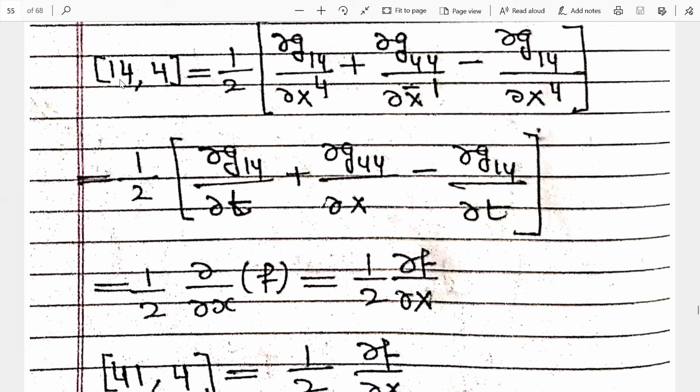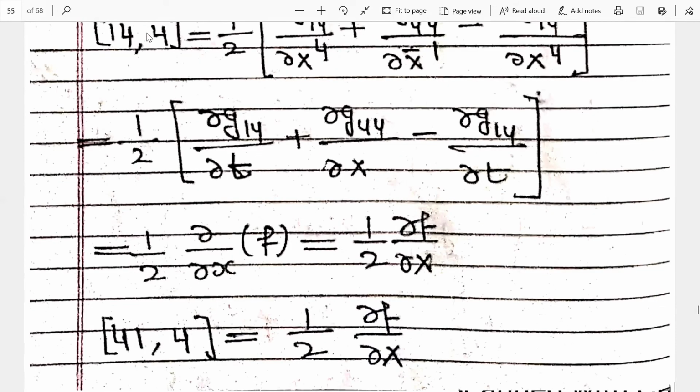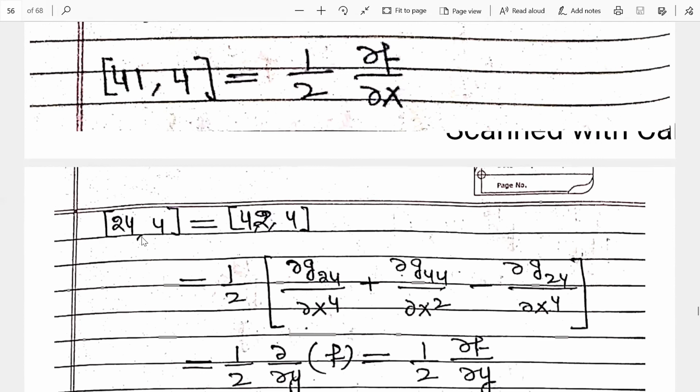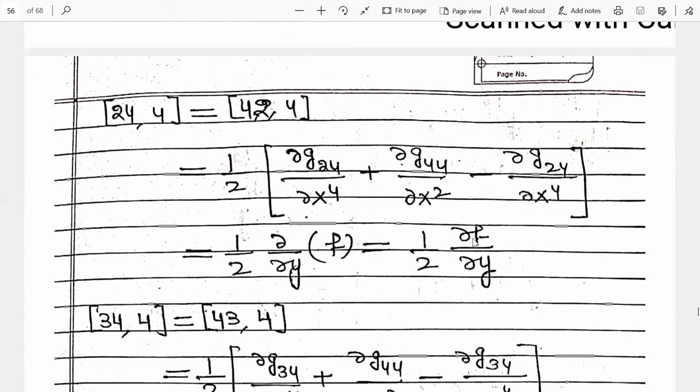So because of symmetry, both are equal. So they have the same value, 1 by 2, curly f by curly x. Again [2 4, 4], which is [4 2, 4], again using the result, we find the value 1 by 2, curly f by curly y.